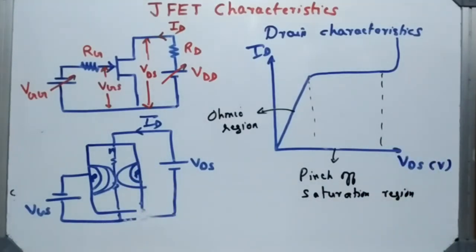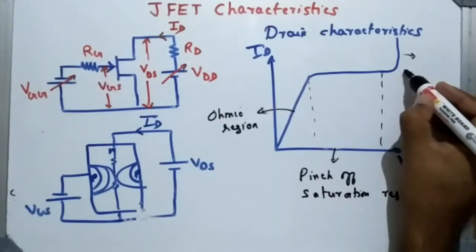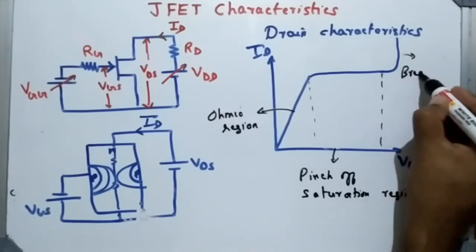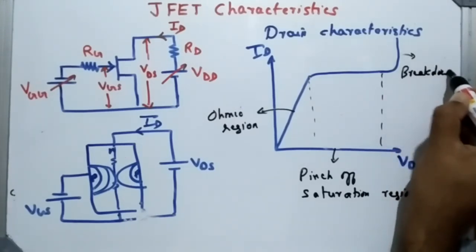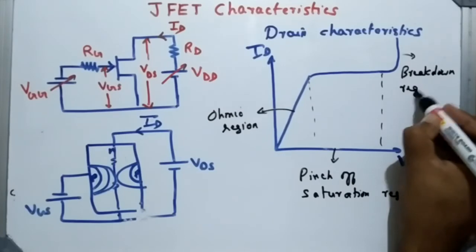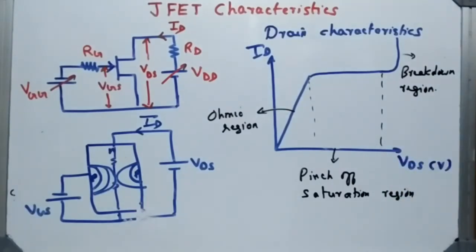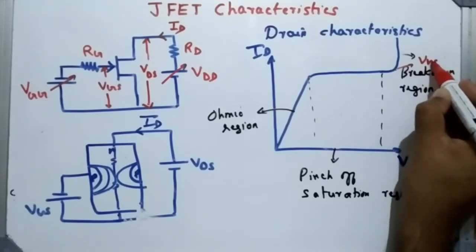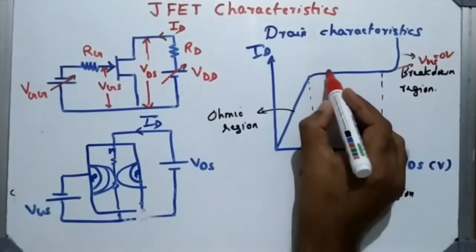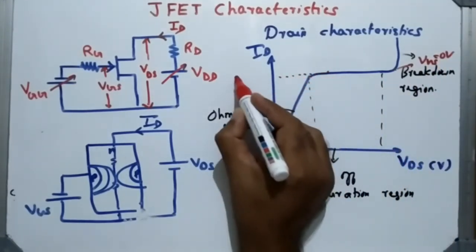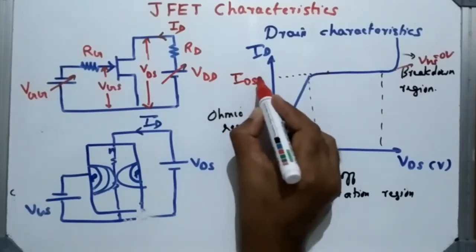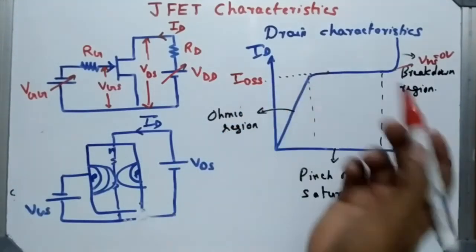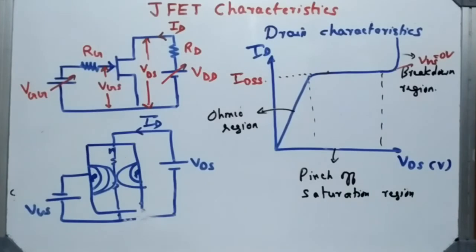And this region therefore is called breakdown region. And this curve is for VGS equal to 0 volt. So what is this? This is called IDSS, the maximum current when gate to source voltage is 0.